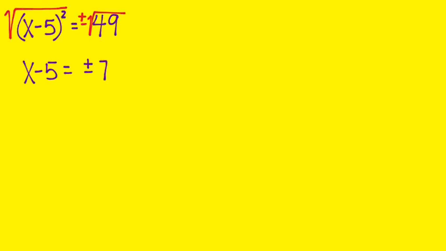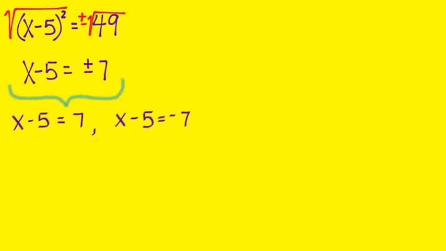And then we get x minus 5 equals plus or minus 7. Remember, because the square root of 49 could be 7 times 7 or -7 times -7. So we need to solve for both options. We can have x minus 5 equals 7 or x minus 5 equals -7.